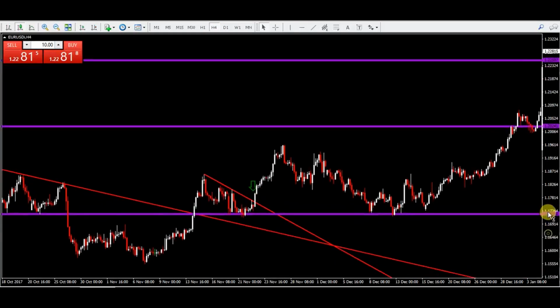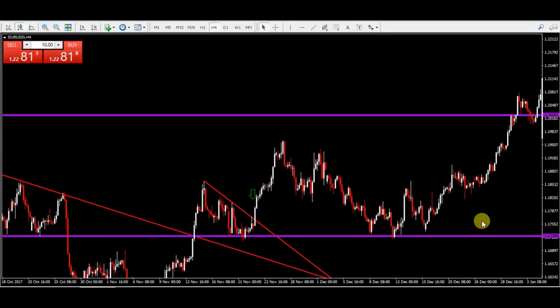But I really don't want to do a big 70 pip stop loss. I really don't. How do I bring that stop loss down a little bit? Well, you look for the same things, right? Support, resistance, trend line breaks. Just go down to the lower time frame.